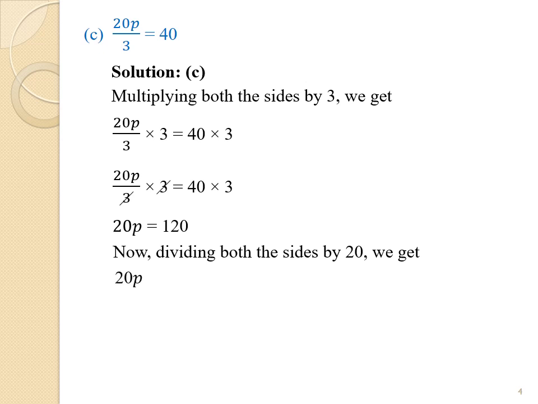20p upon 20 equals to 120 upon 20. Cutting common 20 and dividing 120 by 20, we get p equal to 6.